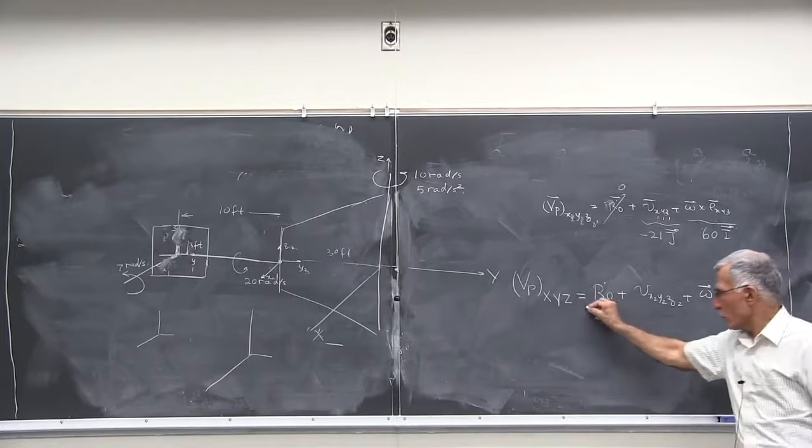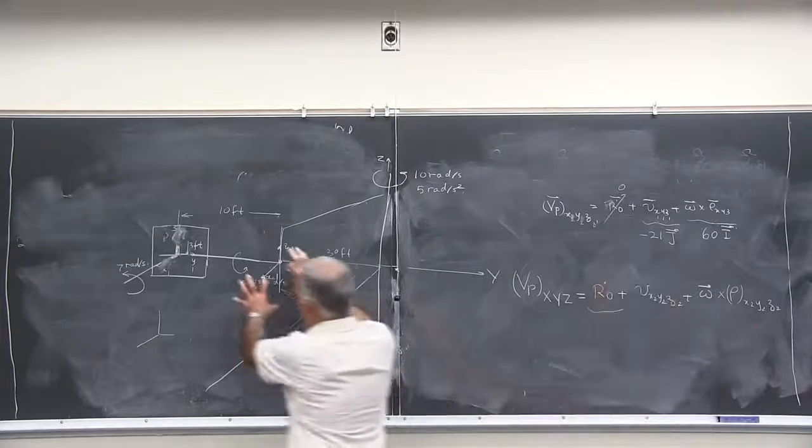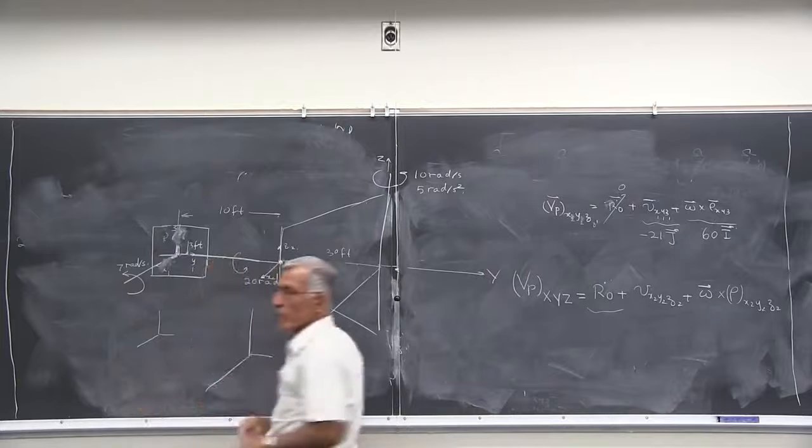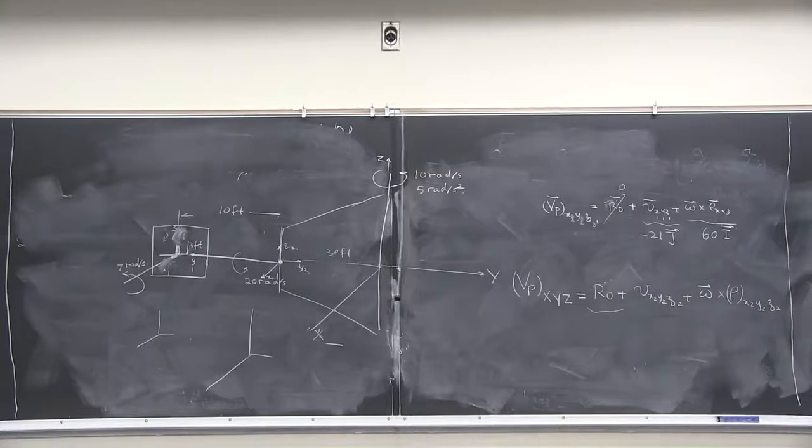So what is r dot O? Forget about all of this attachment. What is the velocity of this point with respect to this x, y, z? It would be r omega. And r is how much? 30 feet. Omega? 10. 300.